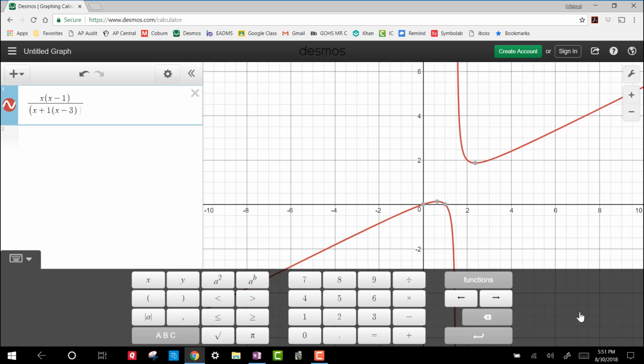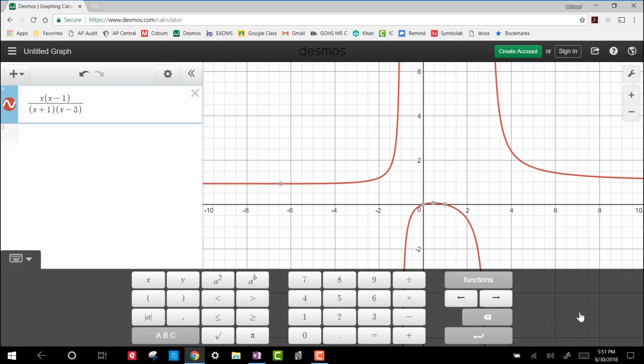I still have a vertical asymptote at 3. It's an interesting one. But the curves aren't going in the right direction here either for what we have on our graph. Okay? So, oops. That's what I needed. I forgot my parentheses. Okay, so now I got too much curve. Goodness gracious. All right, so I got too much curve going on in this thing.